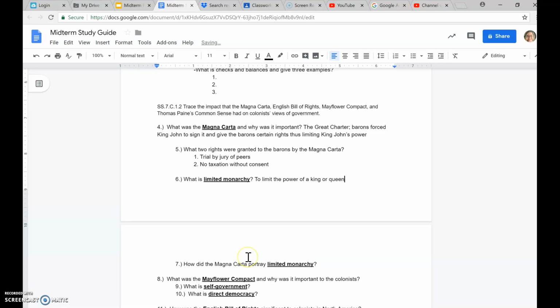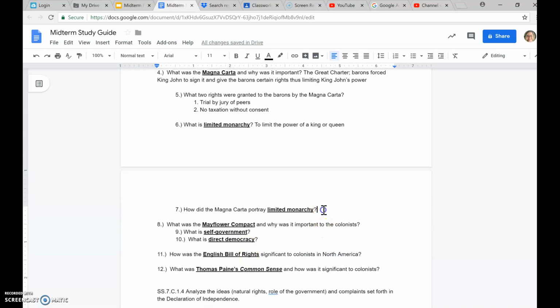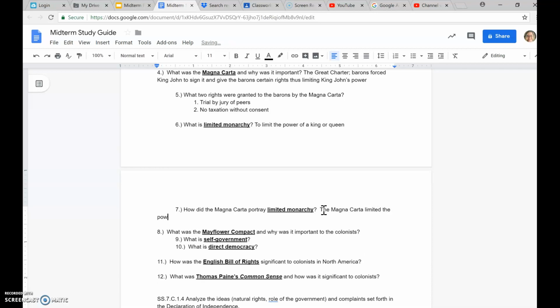All right, how did the Magna Carta portray limited monarchy? In other words, how was it a limited monarchy? The Magna Carta limited the power of King John.